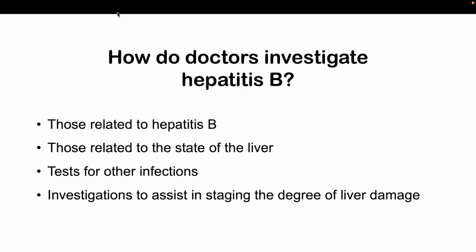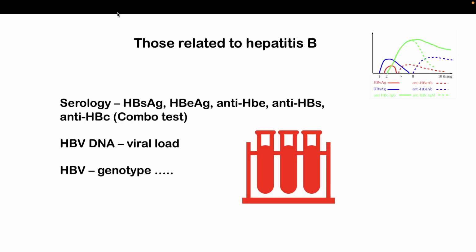The third one would be tests for other infections that may either complicate or make the treatment of hepatitis B a bit challenging. The last but not the least would be investigations to assist in staging the degree of liver damage and possibly to even guide whether treatment is required or not, at least at the time of diagnosis. So let's look at those investigations related to the hepatitis B virus.